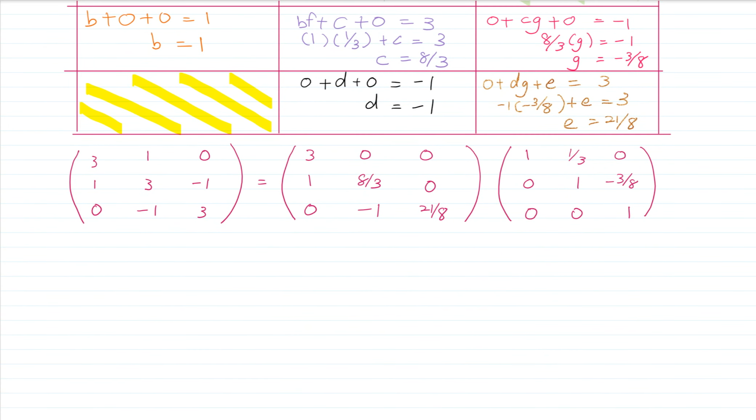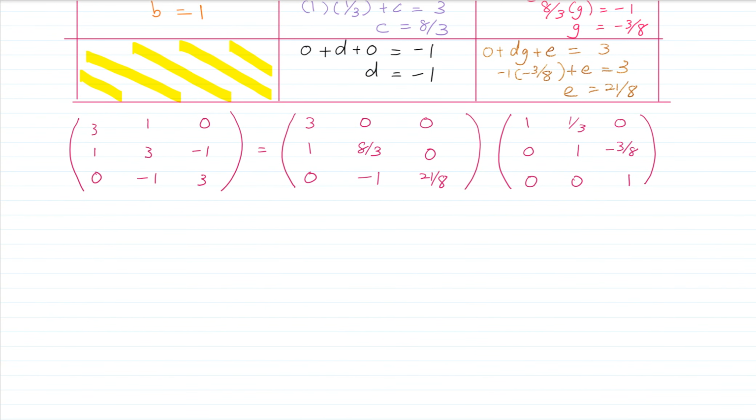So this is A equals LU. This is complete for step number 1. We got the value for L, we got the value for U. Move to step number 2.